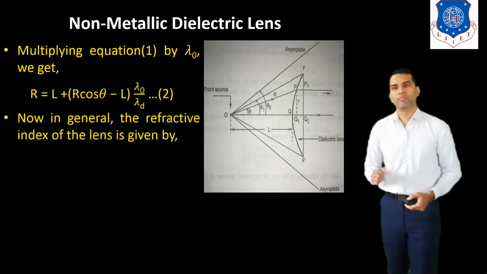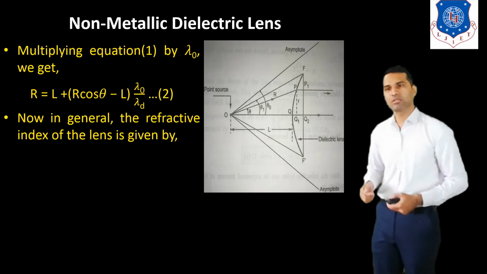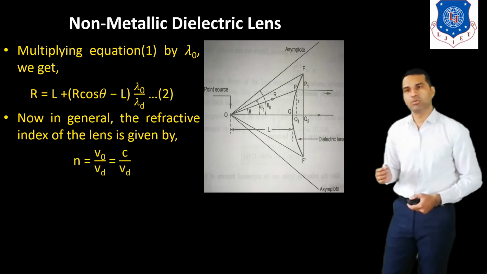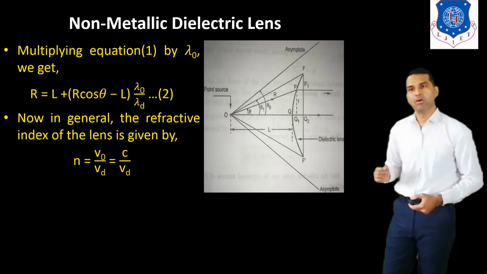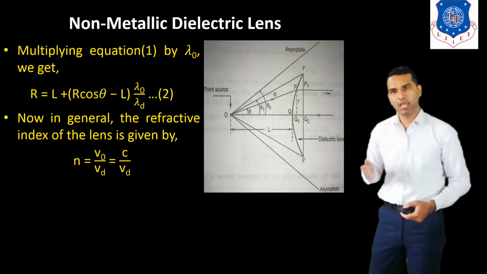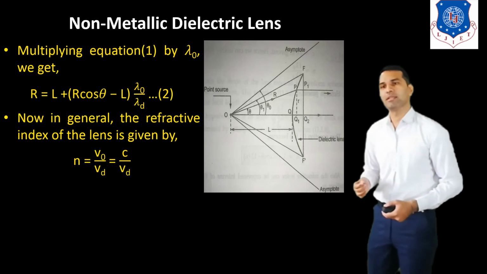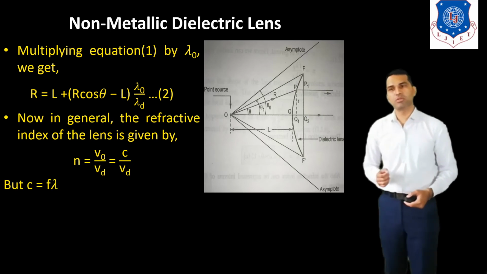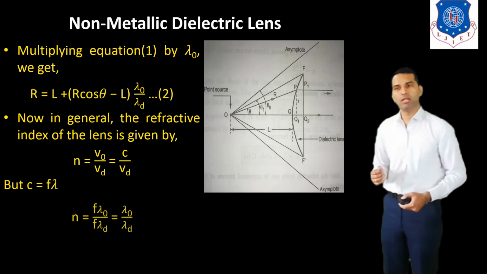Now in general, the refractive index of the lens is given by N is equal to V0 upon Vd, where V0 is nothing but the velocity of the ray in the free space. So we can write N is equal to C upon Vd. But we know that C is equal to F into lambda.